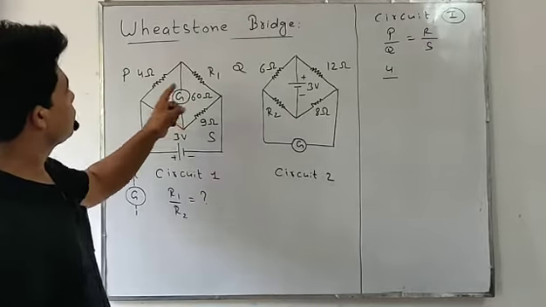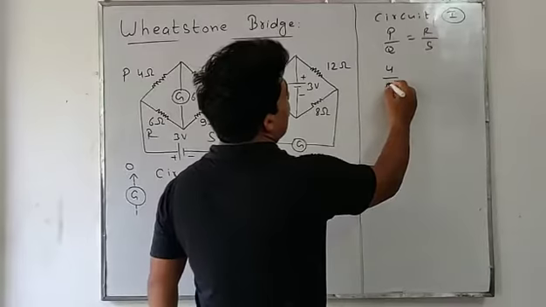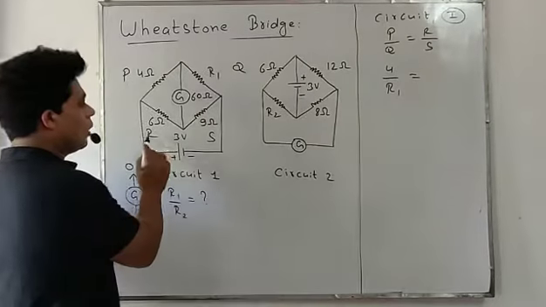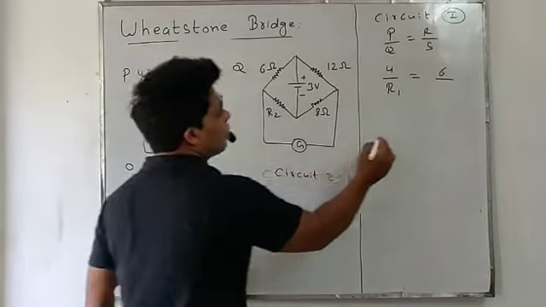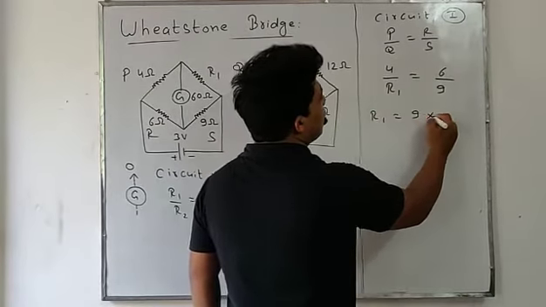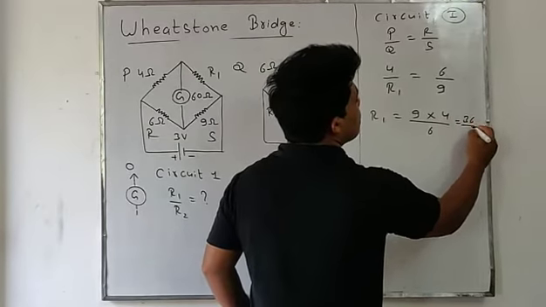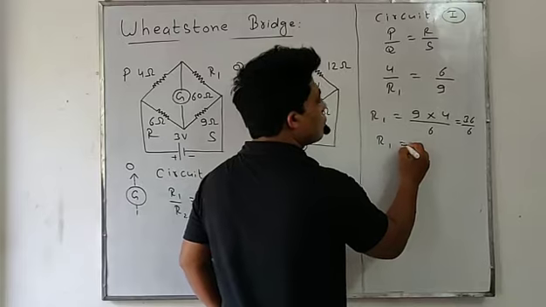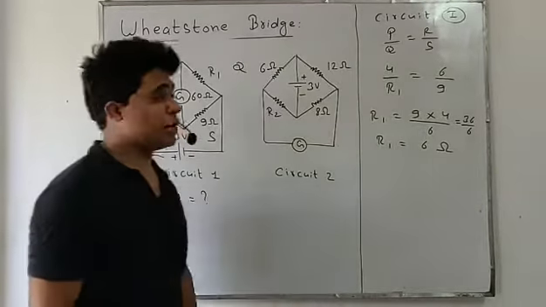Q is R1. R is 6 and S we have 9 ohm in circuit first. So for R1, 9 into 4 by 6. Okay, 36 by 6. So R1 comes as 6 ohm for the first circuit.